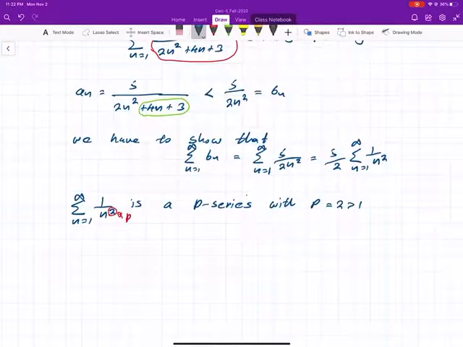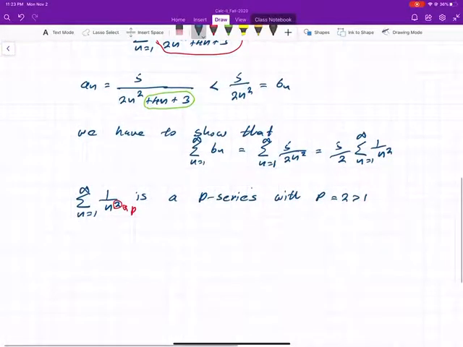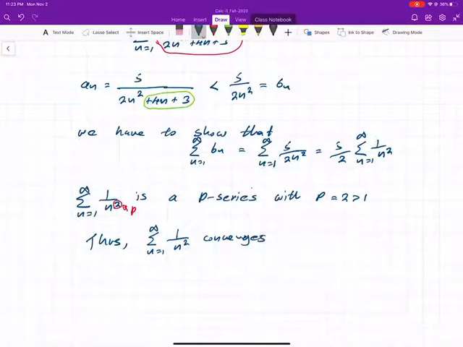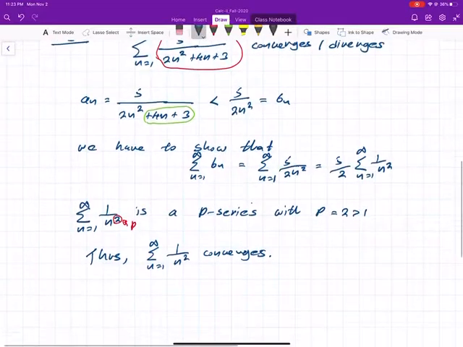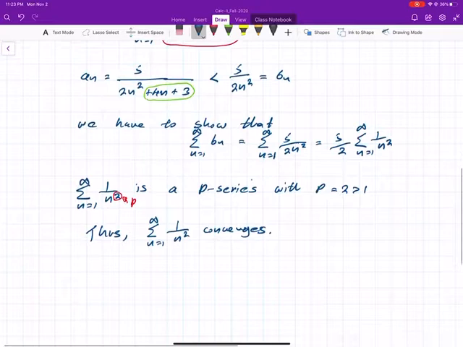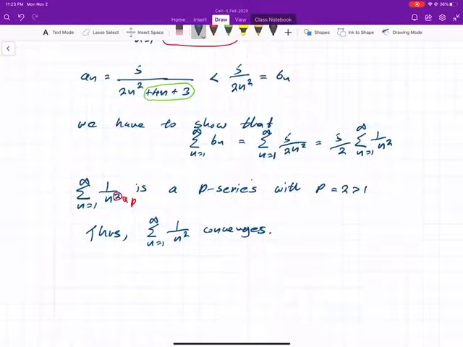Thus, this series sigma n goes from 1 to infinity 1 over n to the power 2 converges. That means the bigger series converges, which means the small series also converges.